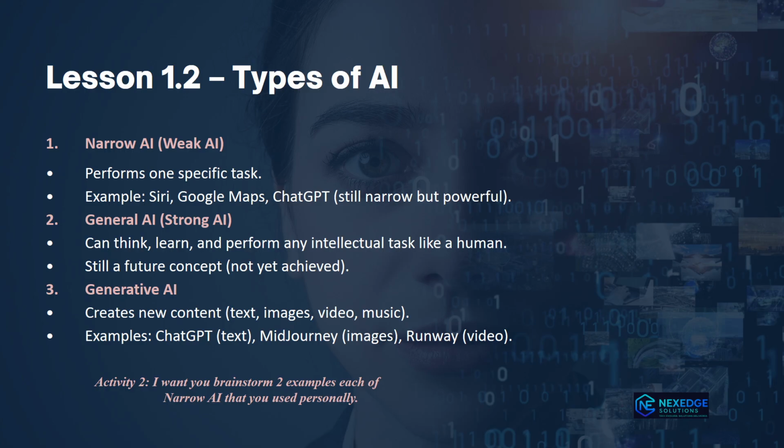So moving forward, let's go to types of AI. There are different types of AI, the first being narrow AI. Narrow AI is a weak AI, so to say. It can only perform one specific task. Examples of this are Siri, Google Maps, ChatGPT.